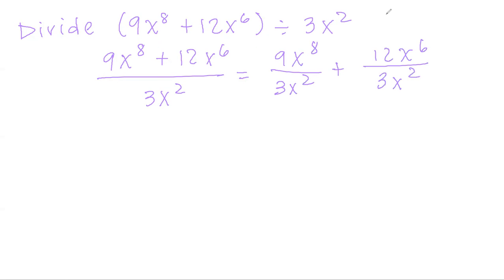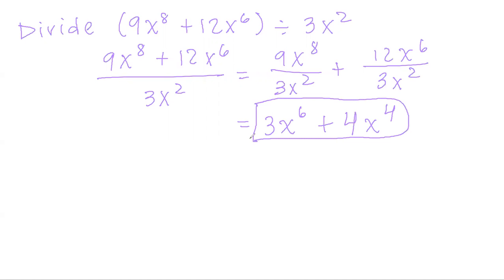It still means the same thing. Focusing on the first one, 9 divided by 3 is 3, and subtracting the 8 and 2, I get x to the 6th. Now here, 12 divided by 3, I get 4, and 6 minus 2 gives x to the 4th. So this is my answer when I divide them.